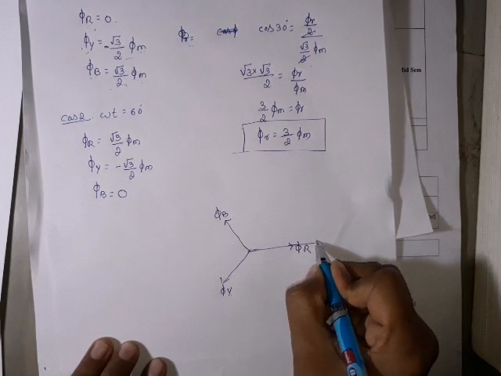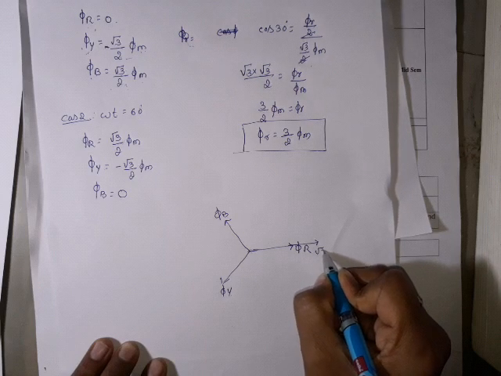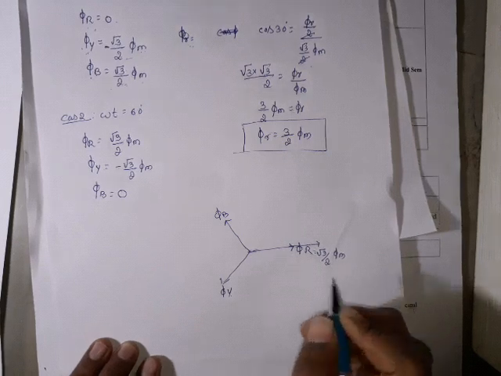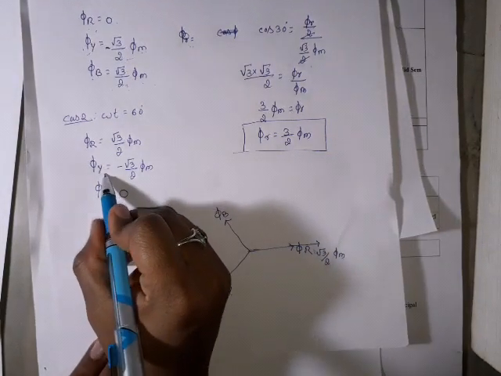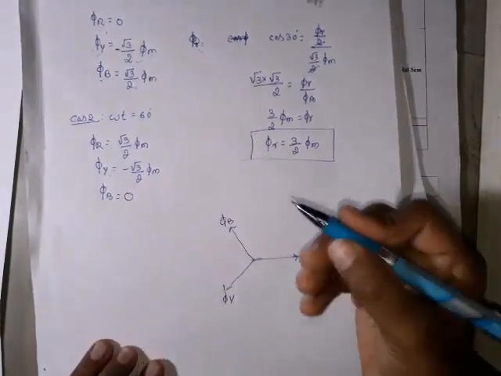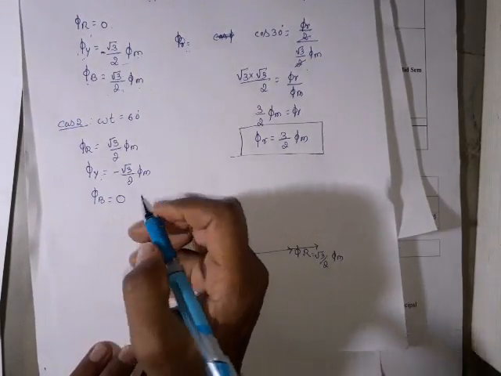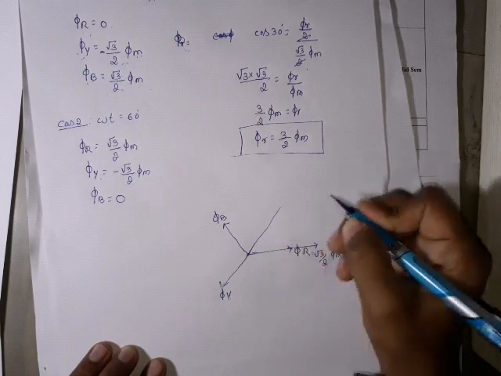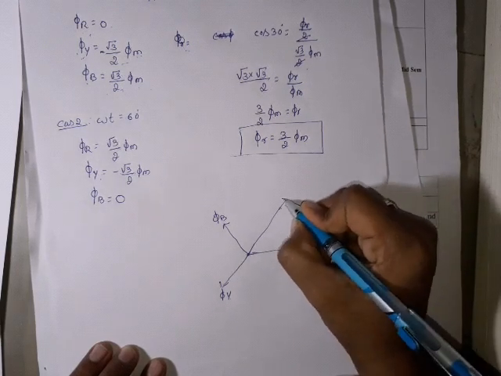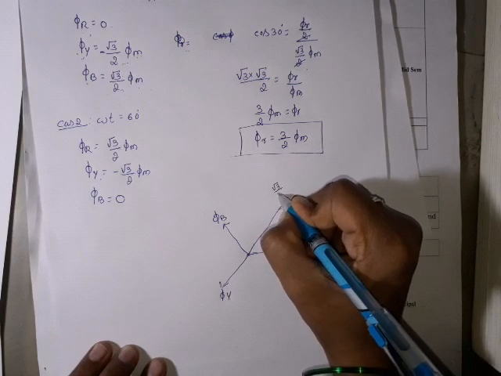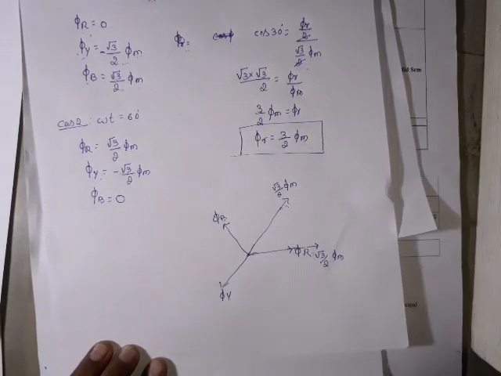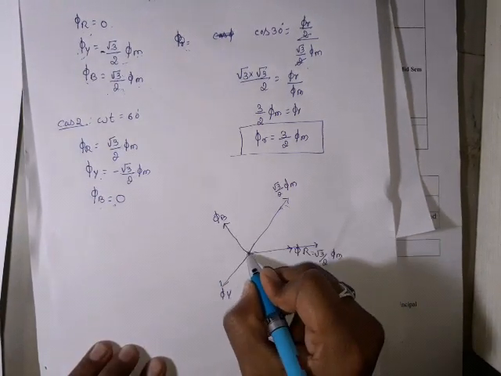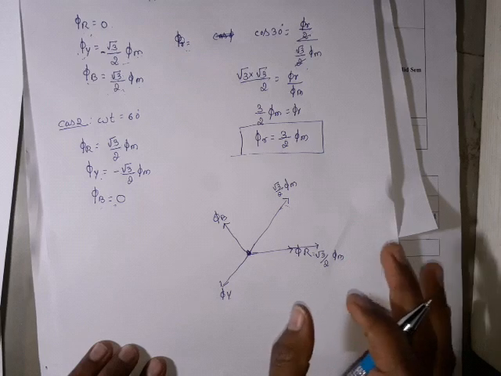Root 3 by 2 times of phi m means it will be here. The value of phi y is minus, and minus means opposite direction, root 3 by 2 times of phi m. Same value, so the magnitude should be same. What is the value of phi b? Phi b is 0. This is what it will appear like.